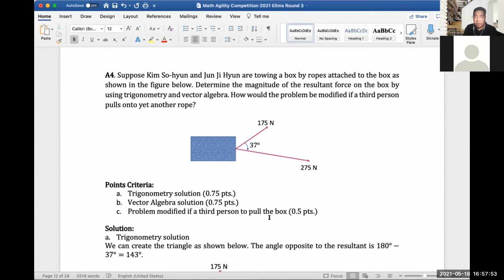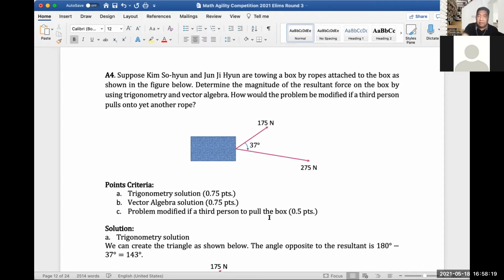Suppose Kim So Hyun and Jun Ji Hyun are towing a box by ropes attached to the box as shown in the figure below. Determine the magnitude of the resultant force on the box by using trigonometry and vector algebra. How vector algebra is also sometimes used by linear algebra. How would the problem be modified if a third person pulls onto yet another rope?